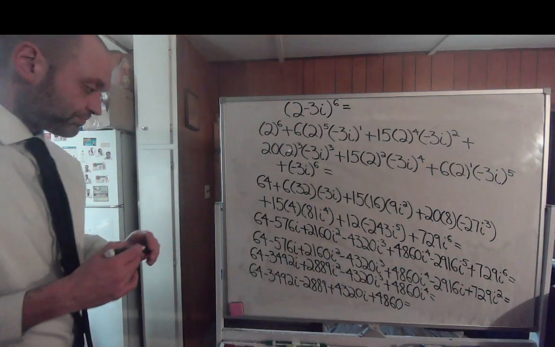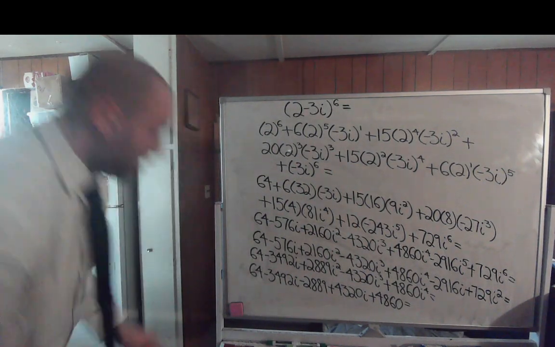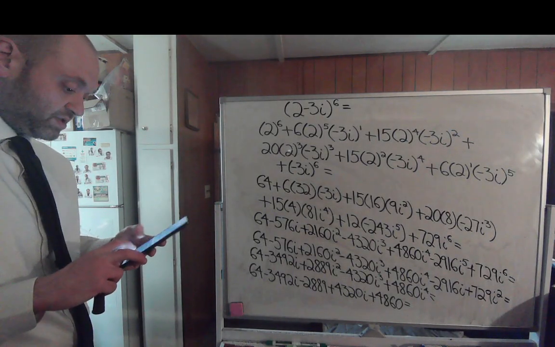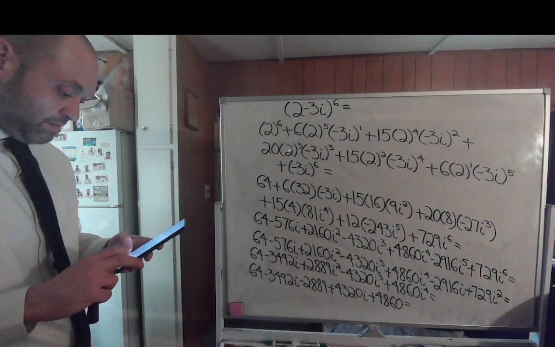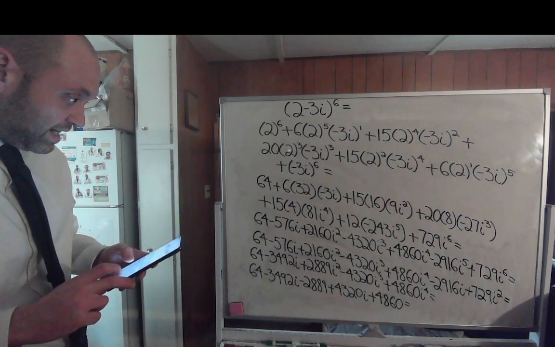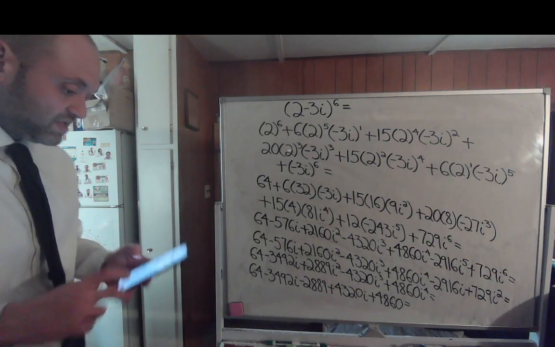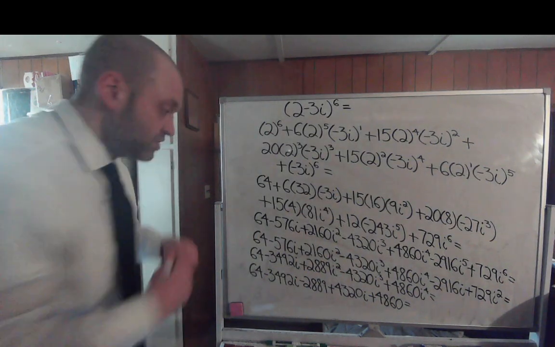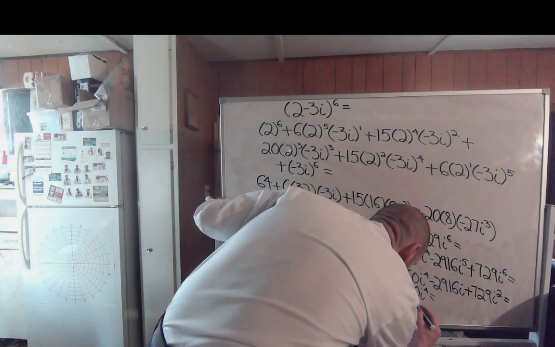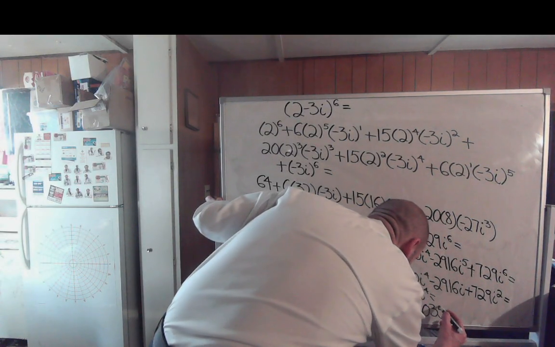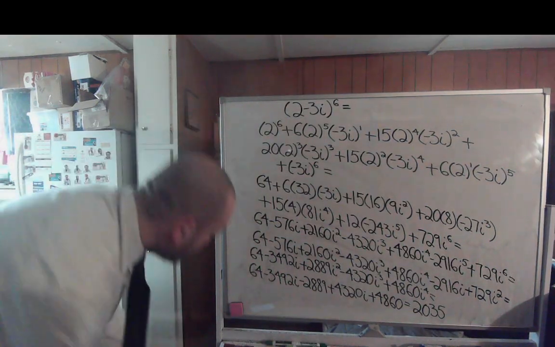So let's now go ahead and simplify this into a complex number in standard form. So 64 minus 2,889 plus 4,860, that would give you 2,035 so far to start. And then we need to deal with the i terms.